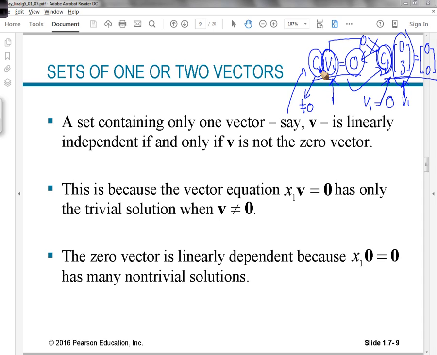So we can conclude that if our set has only one vector and that set is linearly dependent, then that one vector is just a 0 vector. There is no other way. Conversely, if we have only one vector which is not 0, then it is of course linearly independent.